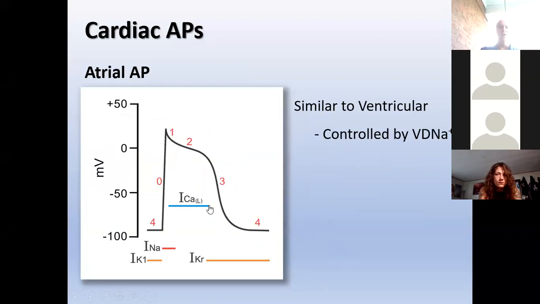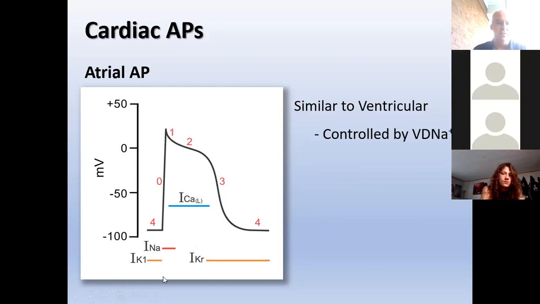Okay, atria. Atria have to contract, right? So in atria, we're going to see some trigger calcium coming in. So this atrial action potential is similar to our ventricular action potential. We've got sodium channels again. So keep that in mind, no sodium channels in the SA node.